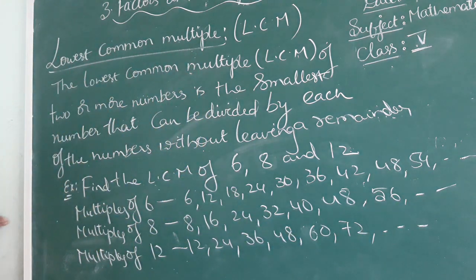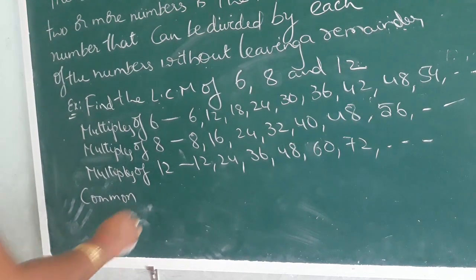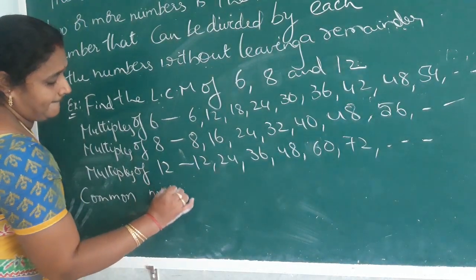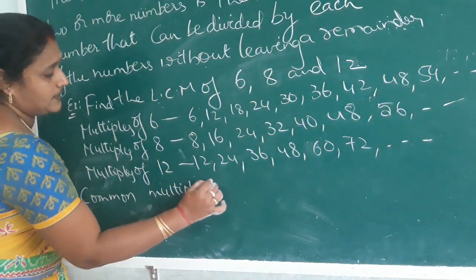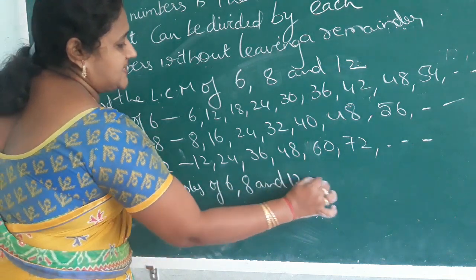Now I have to write the common multiples of these three. What are the common multiples of 6, 8 and 12?